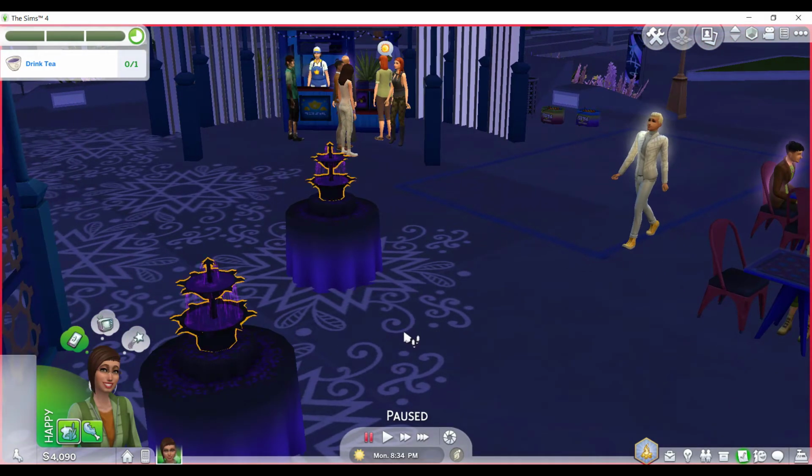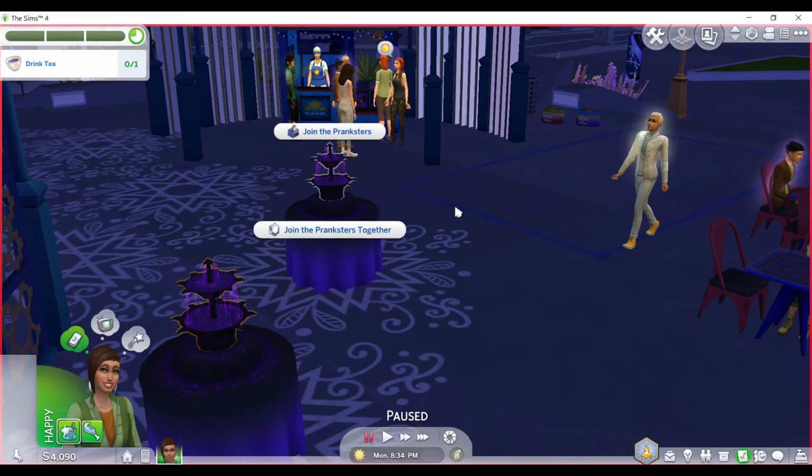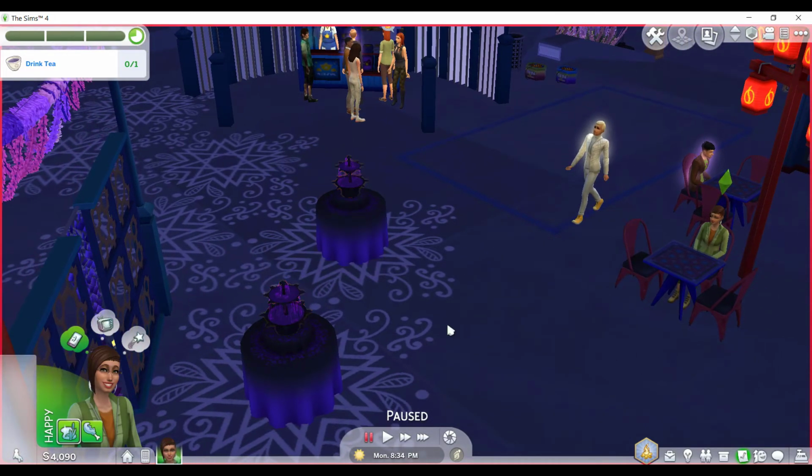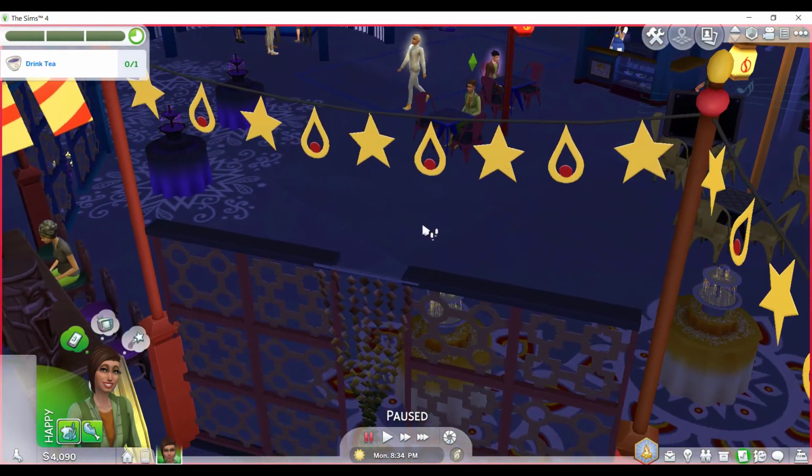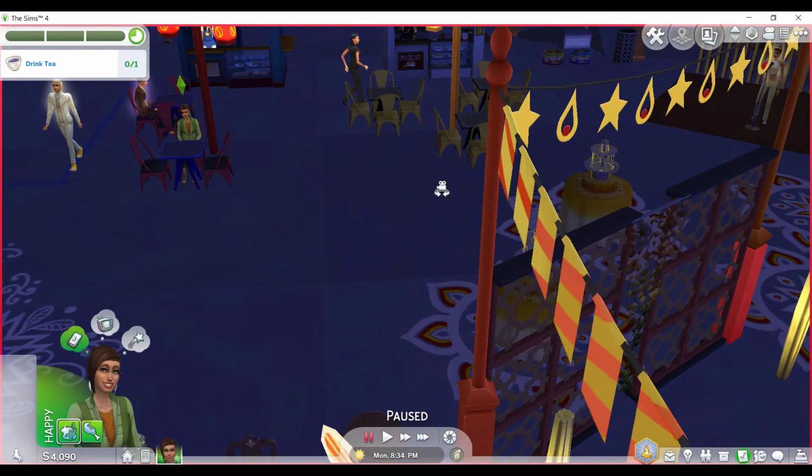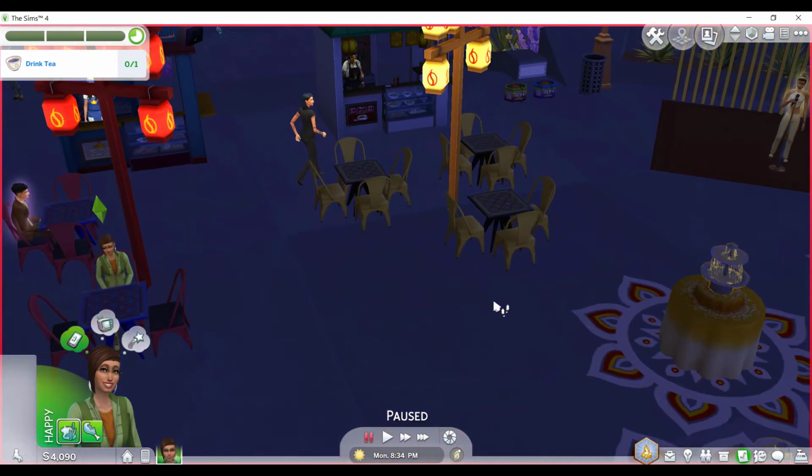Obviously I can see they're hosting some kind of celebration. What type of celebration is it? It's some type of cultural celebration, right? Where they have foods, they have drinks, and the pranksters club. I think that's the club. Joining the pranksters club, which is crazy. They do all kinds of pranks and stuff, which is nuts.